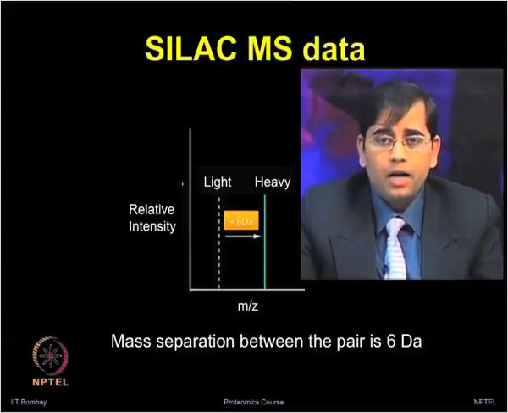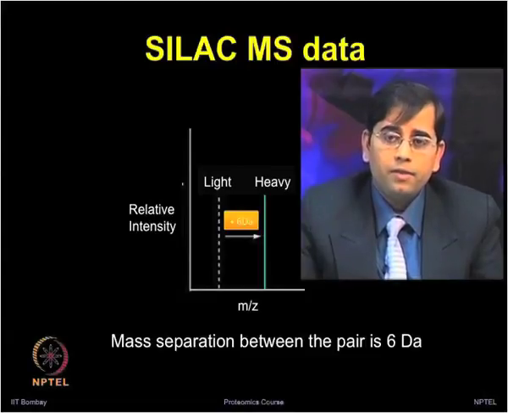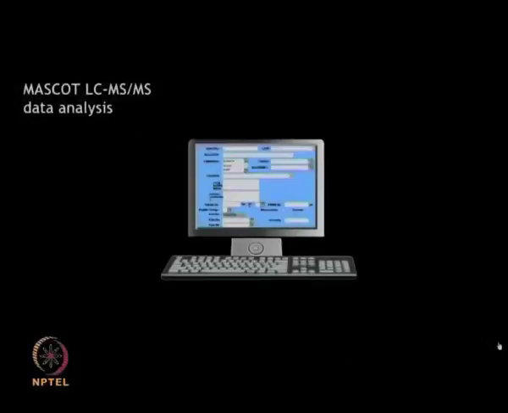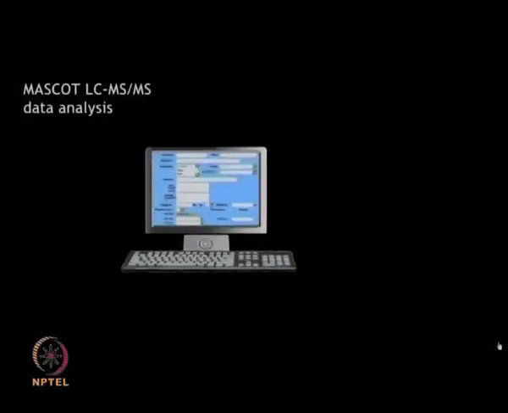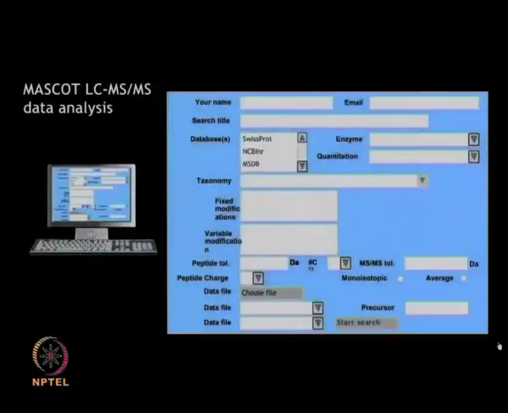So, here I have shown the light and heavy form separation with the 6 Dalton difference. The data obtained from tandem mass spectrometry following a SILAC experiment can be analyzed by means of Mascot search engines.